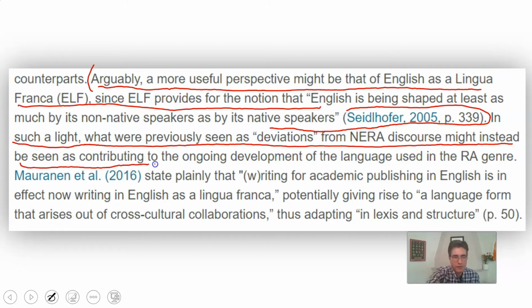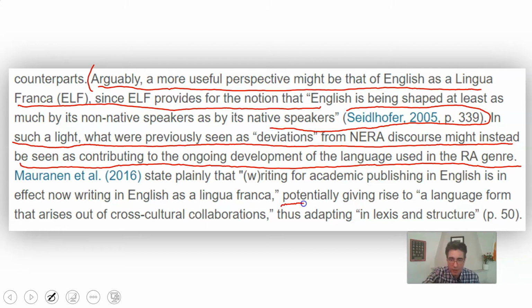All of this here. And so the rest of this, what follows that claim, is another warrant, another evidence for that claim. This time bringing in Mauranen, another important voice in English as a lingua franca, and says, Mauranen et al. state plainly that writing for academic publishing in English is in effect now writing in English as a lingua franca.